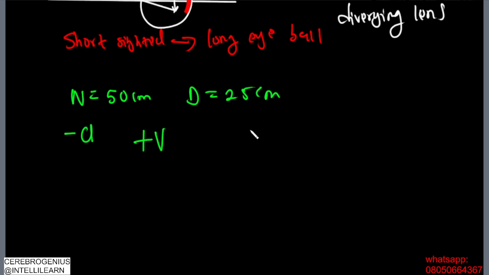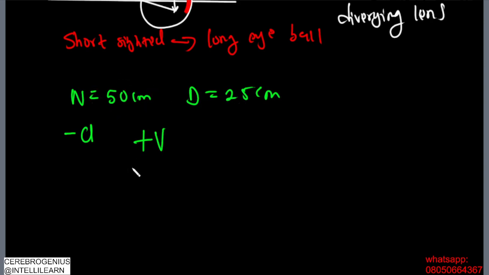You know that the near point of the person is at 50 centimeter, right? So before the person can see any object, the object must move away from the person till the object reaches this 50 centimeter. But we don't want the person to move away. We now want our lens to do the job for us, to help us move the image away. So the lens will look at the object at 25 centimeter, take the image of the object and put it at 50 centimeter.